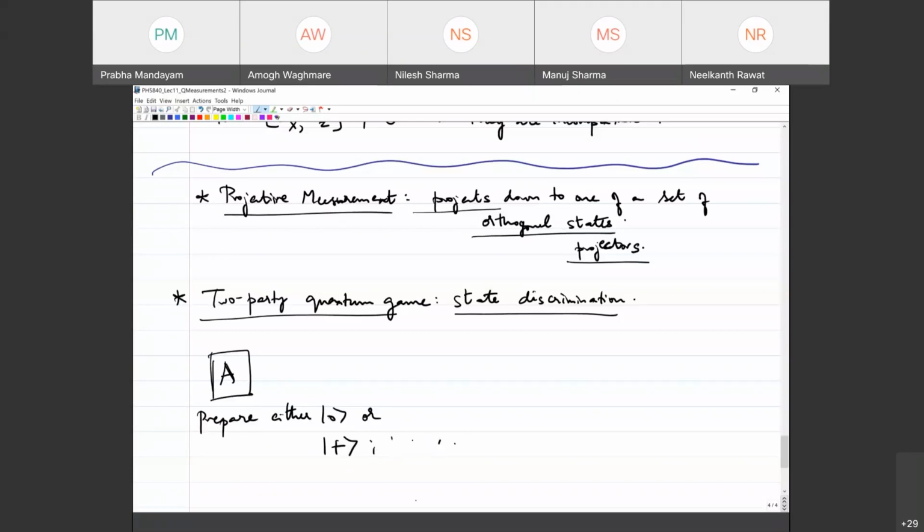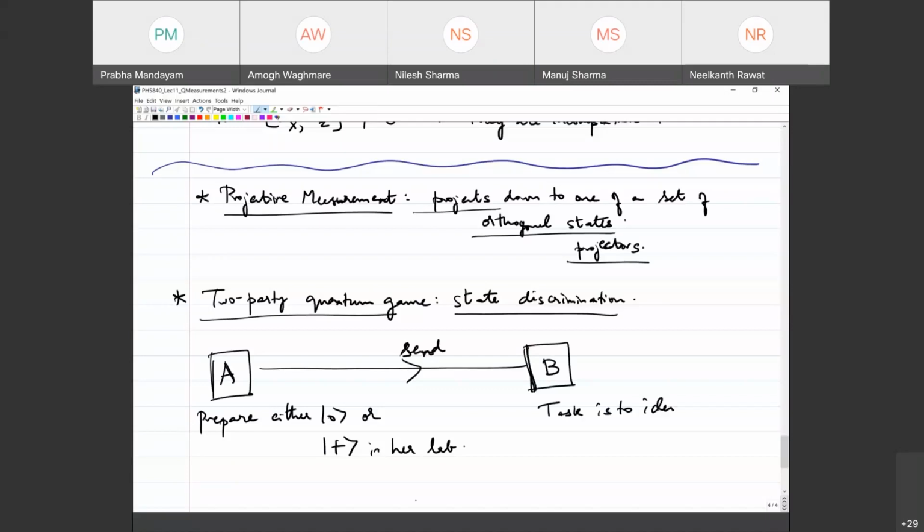And they both are separated somehow spatially, and they have a quantum communication line between them. So Anita can send whatever state she prepares to Bharat, and Bharat's task is to identify which state she prepared.